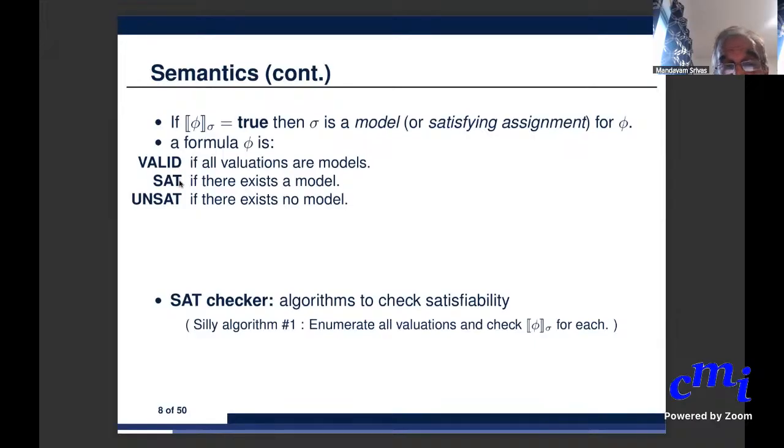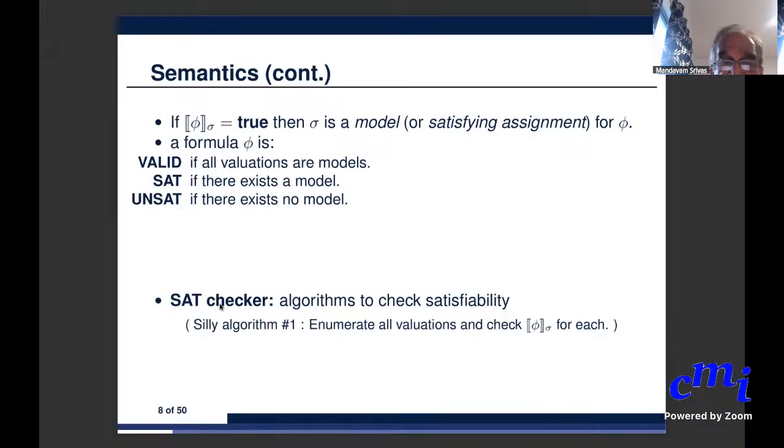It is satisfiable if there exists some model, some satisfying assignment, that makes the formula become true. And it is unsatisfiable if there exists no model for which it is true. Okay. So these are the three important notions of satisfiability that you have for propositional logic.